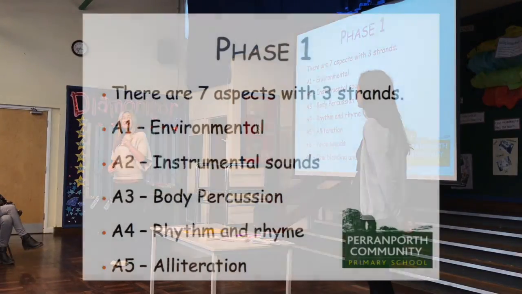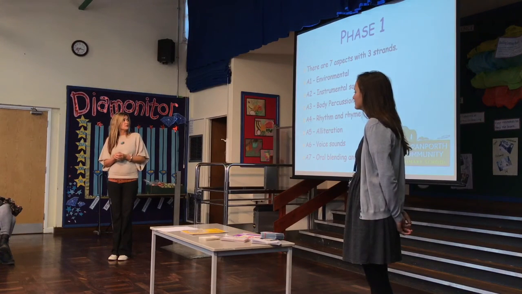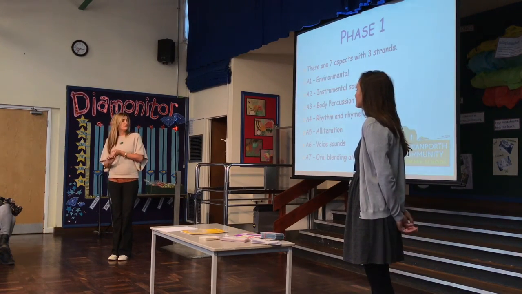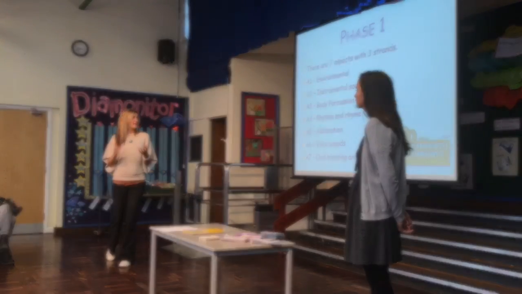I start really with phase 1 in this autumn term. So phase 1 is very much those sorts of things: environmental, instrumental sounds, body percussion, rhythm and rhyme, alliteration, voice sounds. And we touch on it every day.